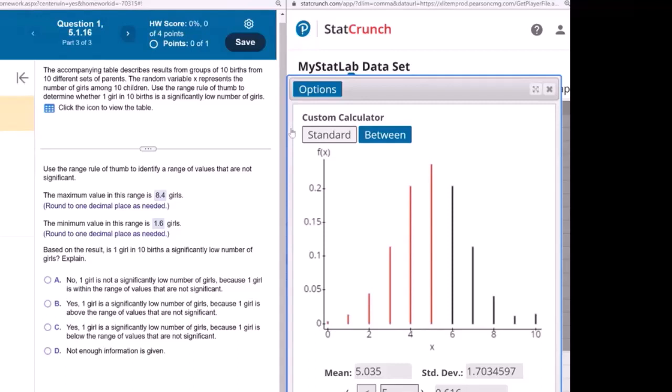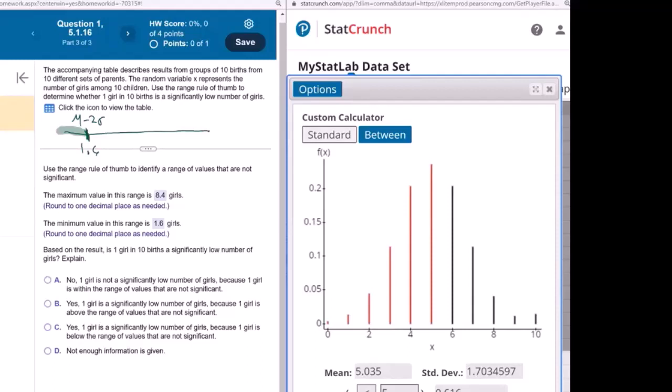Yes, it is, because if I draw my picture, and we know that here is our mu minus 2 sigma, and that value is 1.6. Anything lower than 1.6 is significantly low. One girl is a significantly low number of girls.